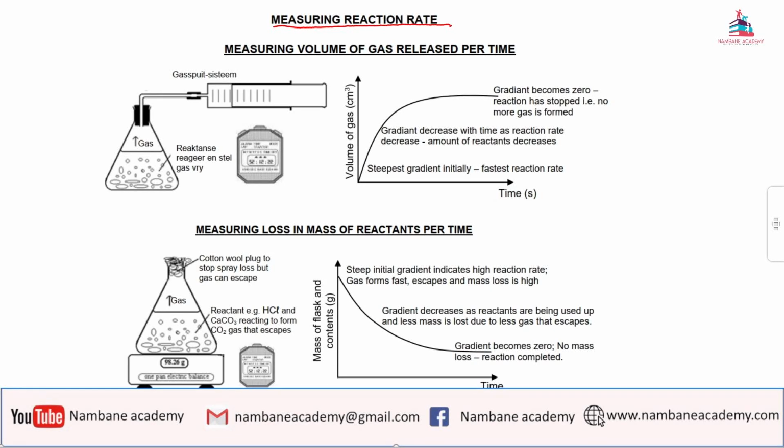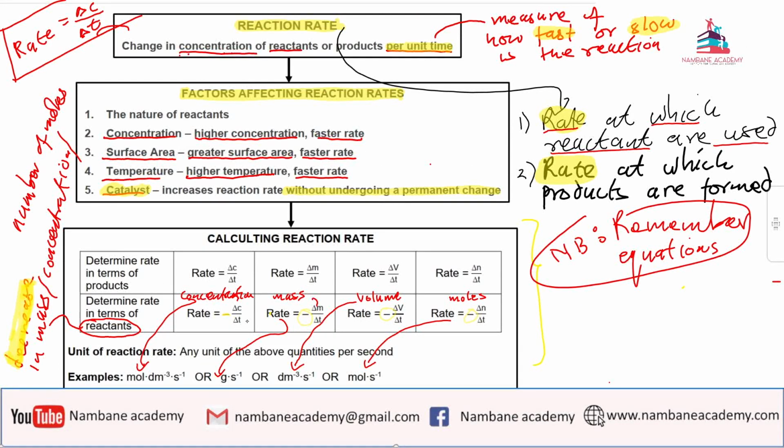I want us to put into mind the equations that we spoke about. The equation for concentration or mass, volume, as well as the moles. So the key thing is now we want to represent the rate of reaction graphically.